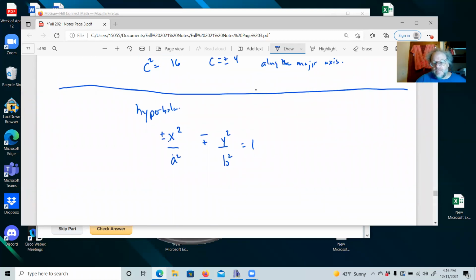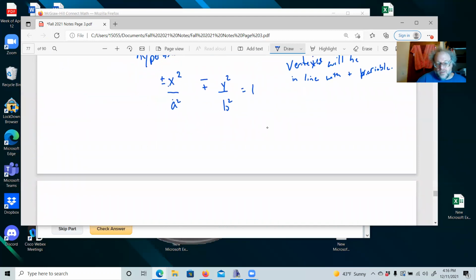Now, the vertices, I should say, because there are always 2 of them. The vertex is going to be in line with the variable that is positive. So for example, if we have x squared over 16 minus y squared over 4 equals 1, the vertices are going to be along the x.